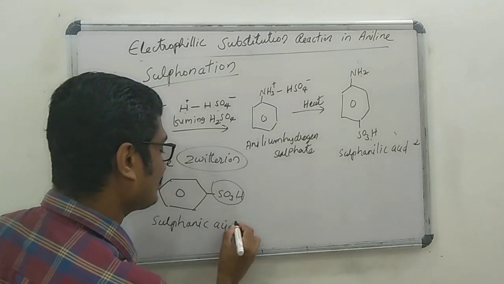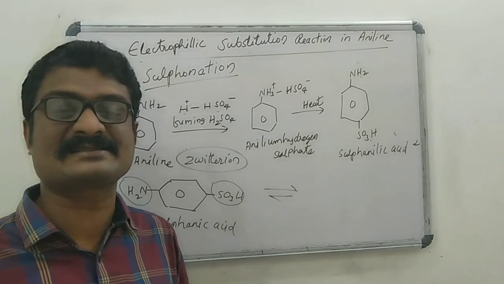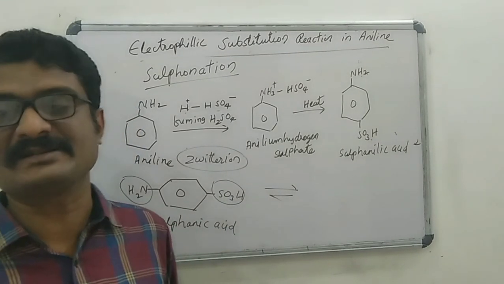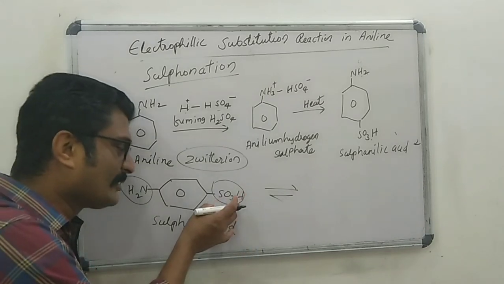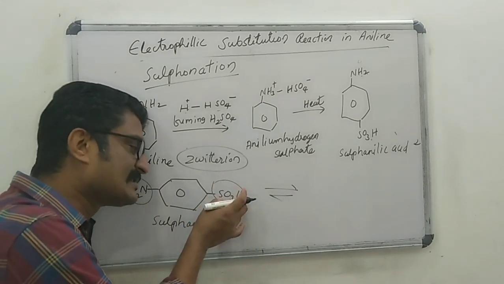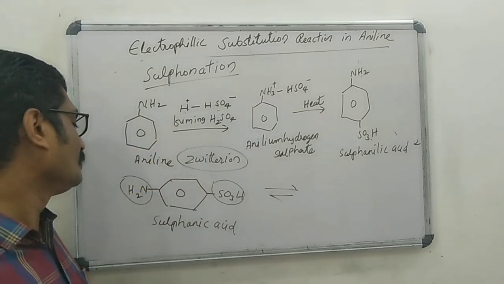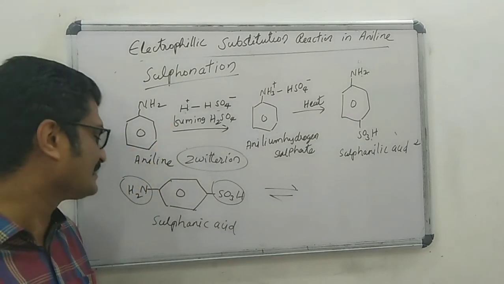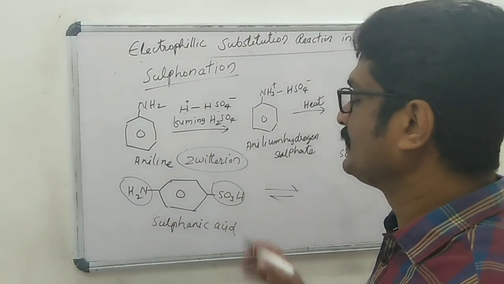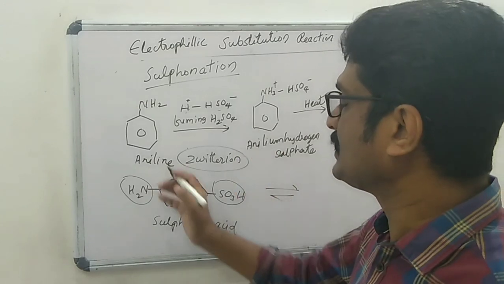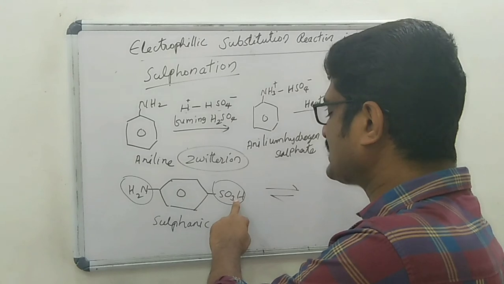We know the acids are proton donors and bases are proton acceptors. Here the acidic SO3H group donates a proton to the basic amino group, which accepts a proton from the SO3H group.